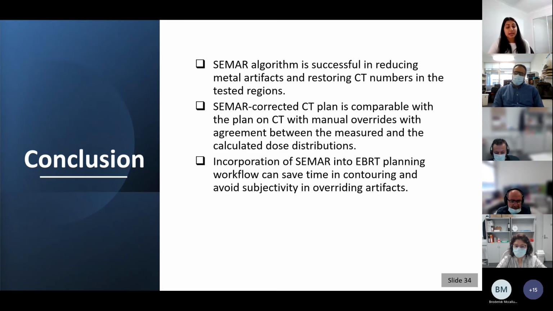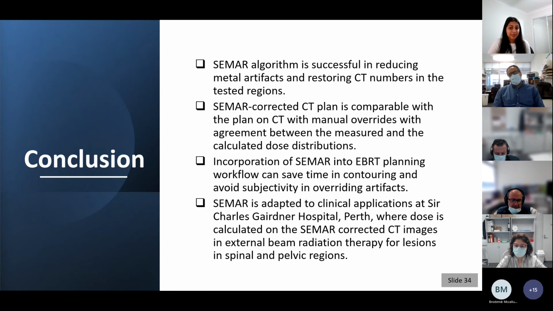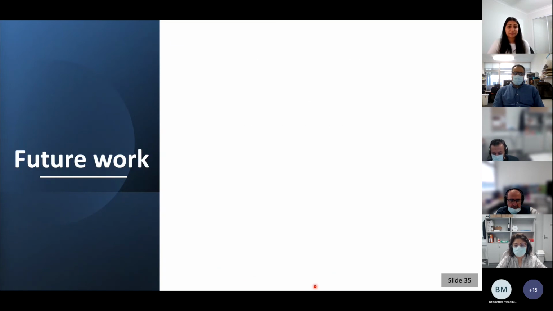Incorporation of SEMR into the EBRT planning workflow can save time in contouring and also avoid subjectivity in overriding any artifacts. And SEMR is also adopted in clinical applications, as Pejman said, at Gairdner Hospital in Perth, where dose is calculated on the SEMR-corrected CT images in external beam radiation therapy for lesions in spinal and pelvic regions.